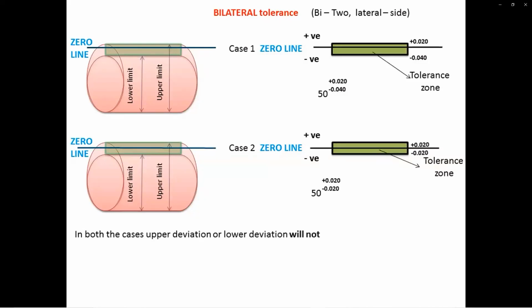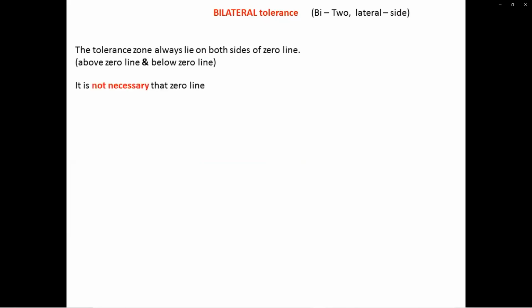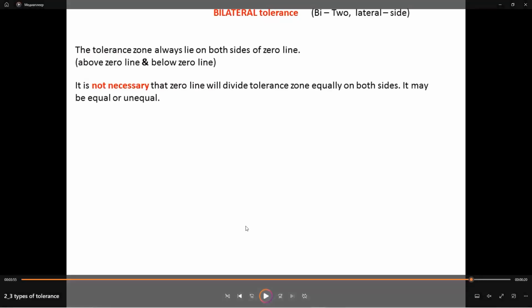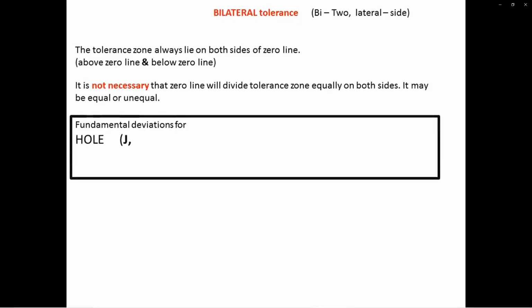In both cases, the upper deviation or lower deviation will not be on the zero line, and it will always be a combination of plus and minus. The tolerance zone always lies on both sides of the zero line for bilateral tolerance, above the zero line and below the zero line. It is not necessary that the zero line will divide the tolerance zone equally on both sides. It may be equal or unequal.